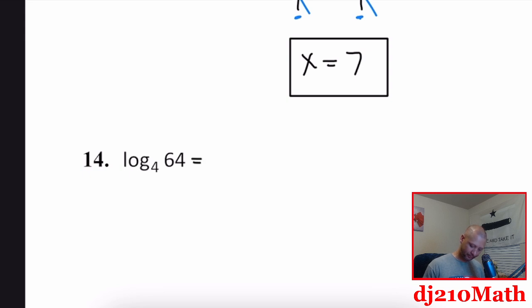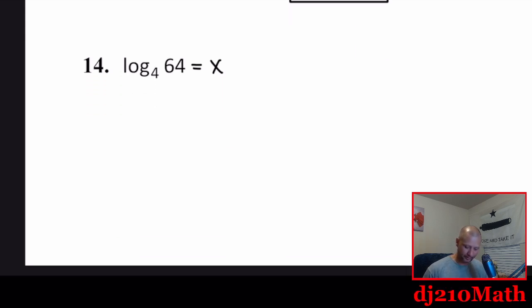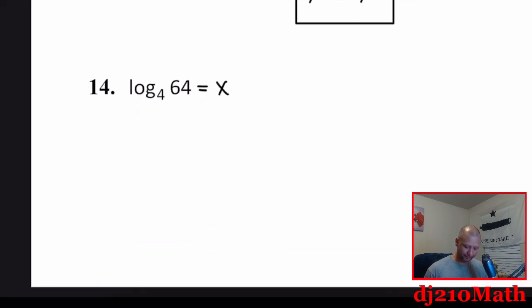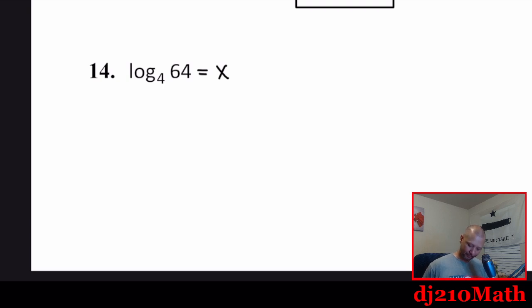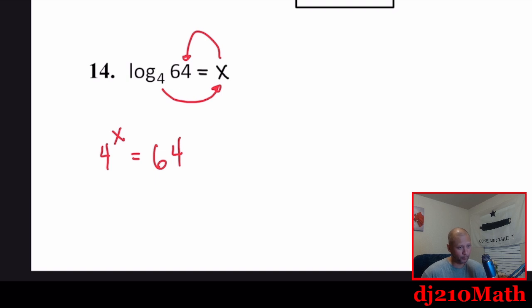14. Set it equal to x, right? Because we're evaluating it. Rewrite 4 raised to the x power equals 64. So think about this. 4 to what power equals 64? 4 times 4 is 16. 16 times 4 is 64.